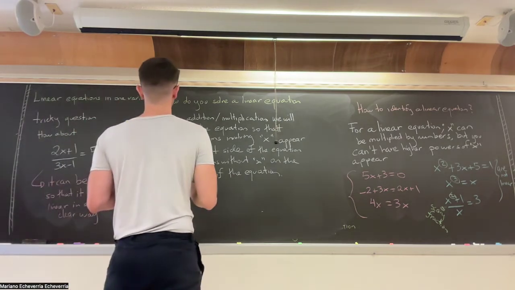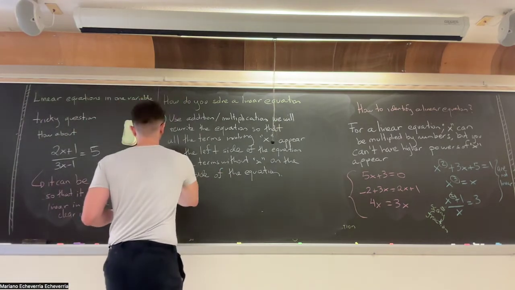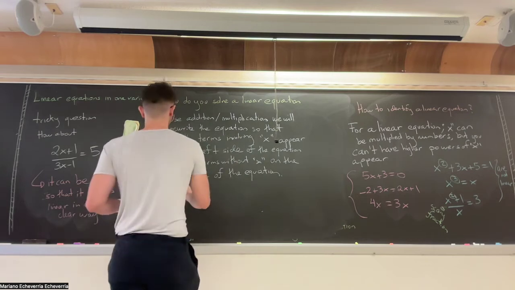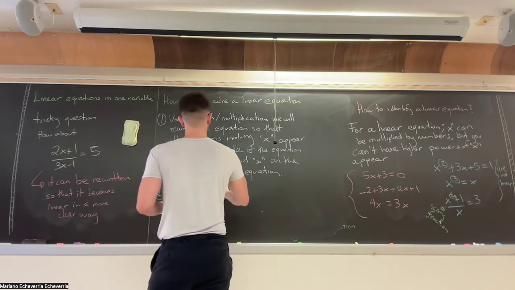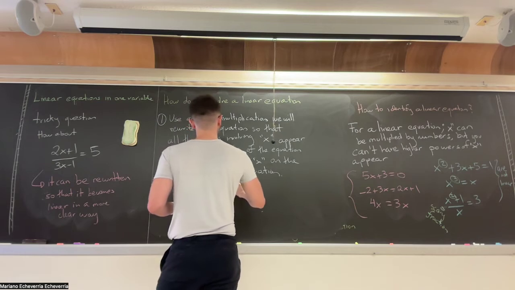And then step two is to make the coefficient in front of x one. You make the coefficient multiplying x equal to one.